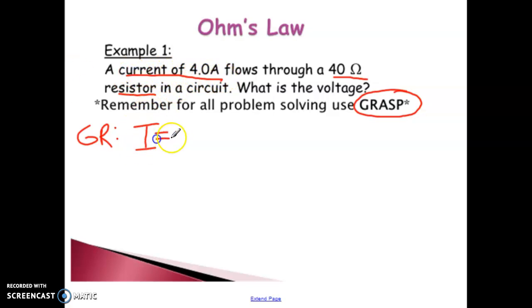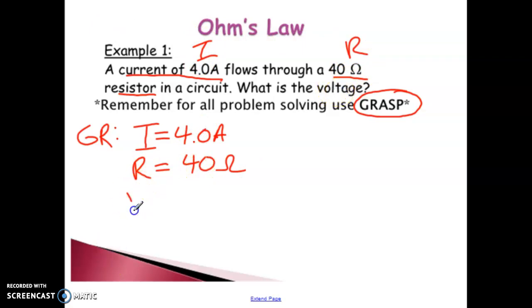Remember, the symbol for current is capital letter I. We also know that there is a 40 ohm resistor. Remember, the unit of ohms is resistance. So we have those two things, and we're solving for voltage. You always want to write down what is given and then what we are looking for.